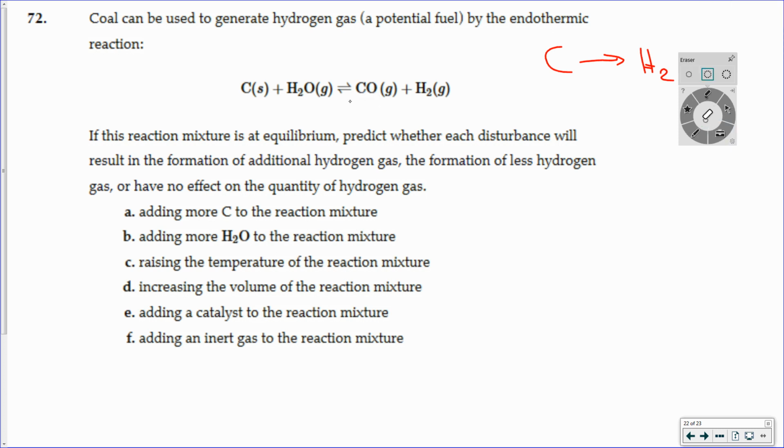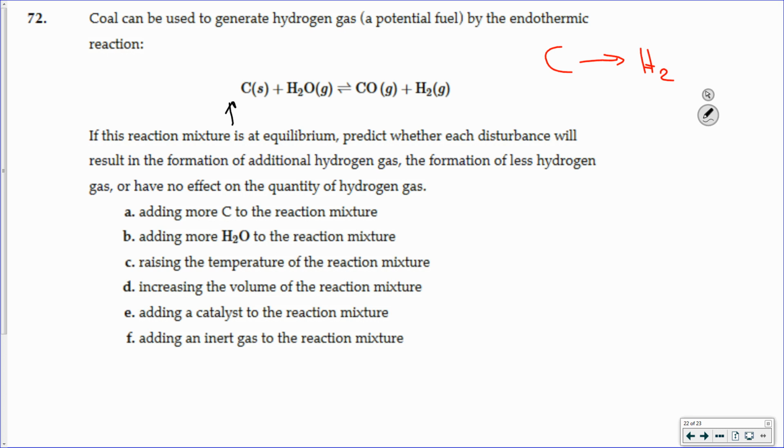All right, so the first thing says if I add more carbon to the mixture, what's it going to do? So that's going to be our first one. Add more carbon, increase the amount of carbon. How's it respond? If I dump more carbon in there, what's it going to do?